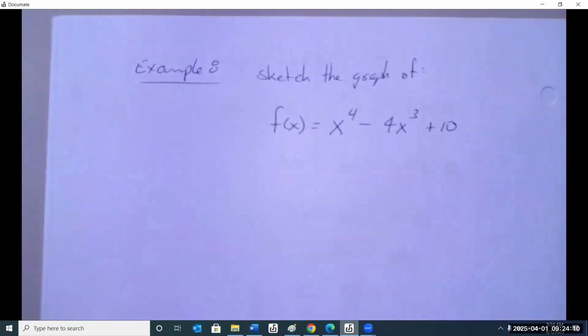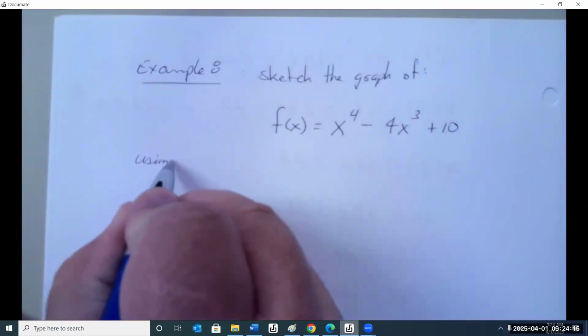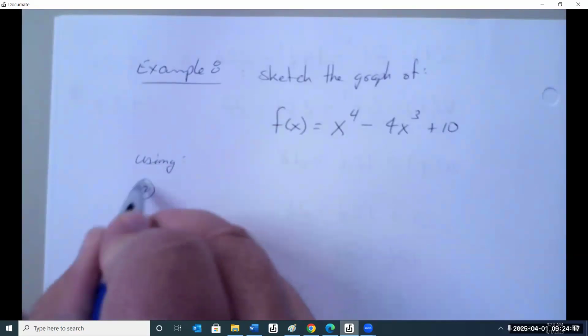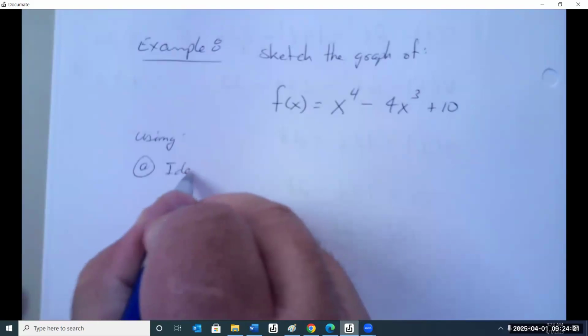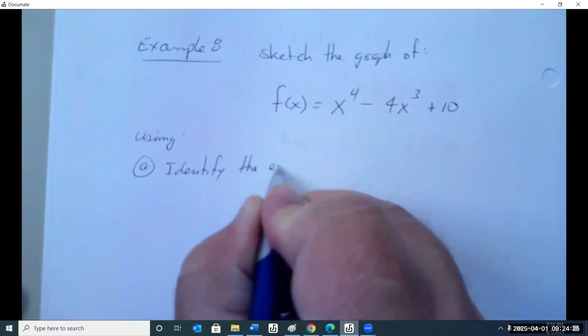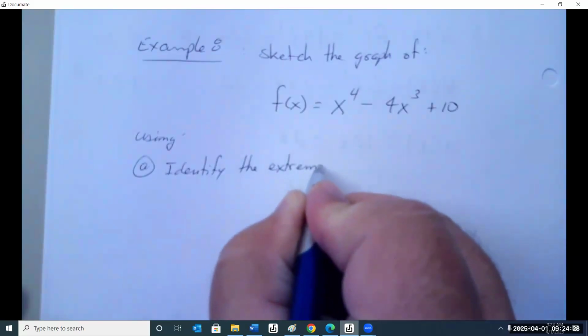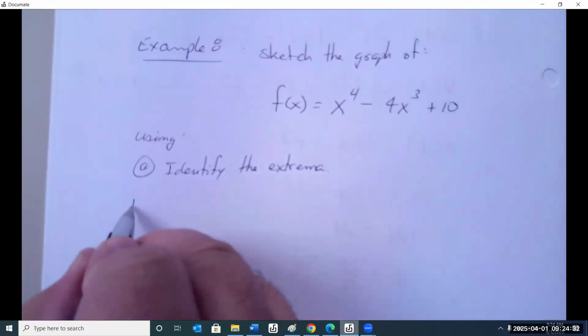It has 5 things, says using these steps. Identify the extrema.